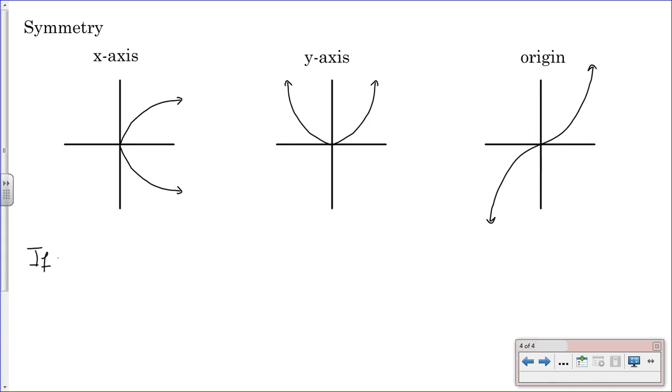So if you plug in x and get a positive and a negative y answer, then it is x-axis symmetric.